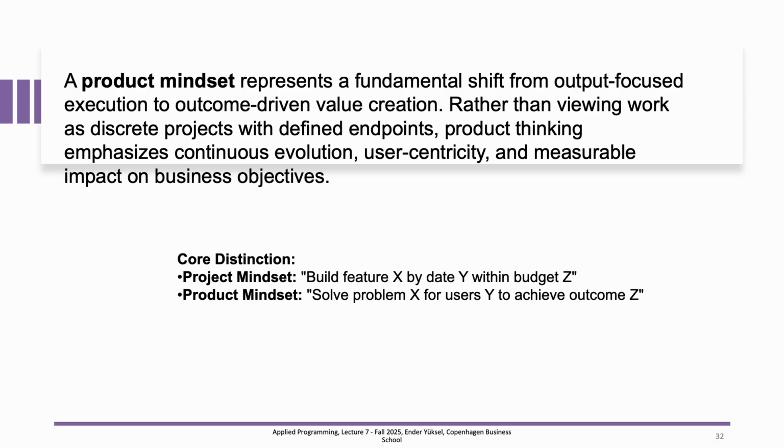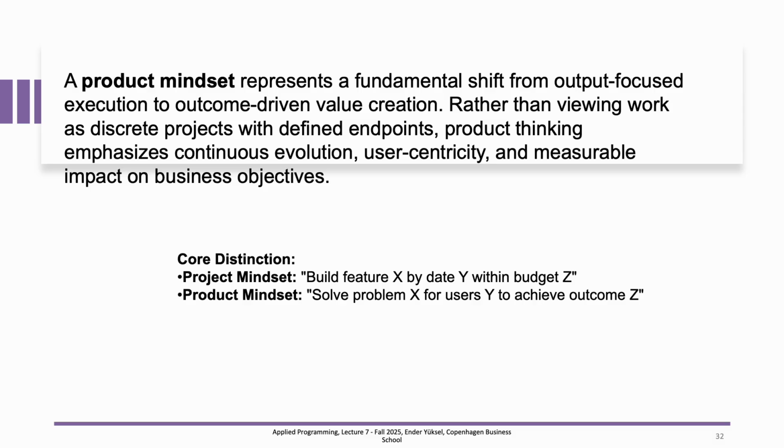A product mindset represents a fundamental shift from output-focused execution to outcome-driven value creation. So rather than viewing work as discrete projects with defined endpoints, product thinking emphasizes continuous evolution, user centricity, and measurable impact on business objectives.